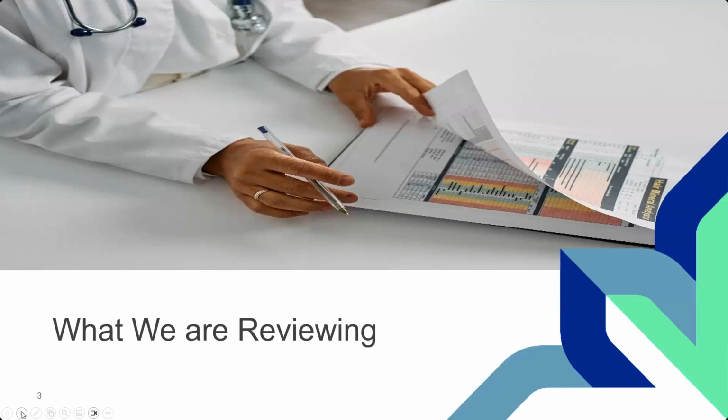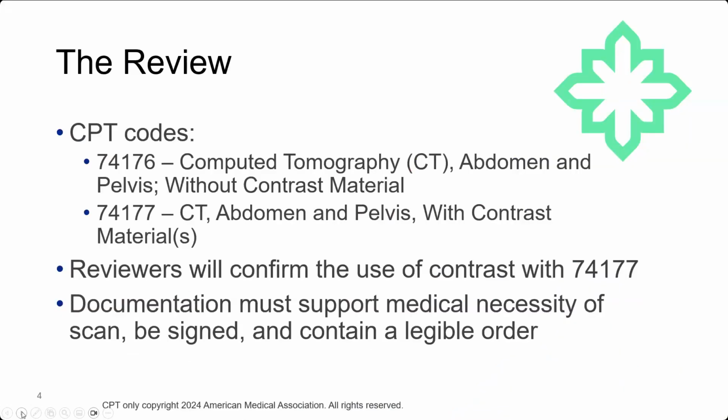All right, so what are we reviewing? Let's first start with the codes that are under review in Targeted Probe and Educate. These codes include 74176, which is CT of the abdomen and pelvis without contrast, as well as CPT code 74177, which is CT of the abdomen and pelvis with contrast.